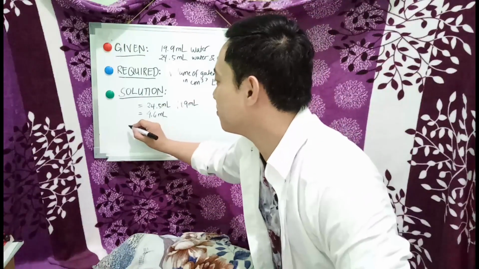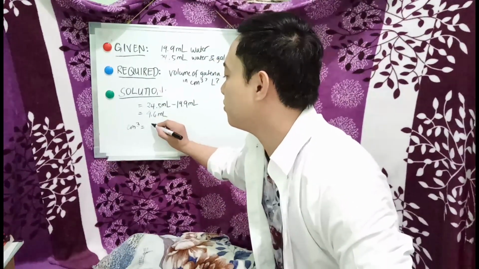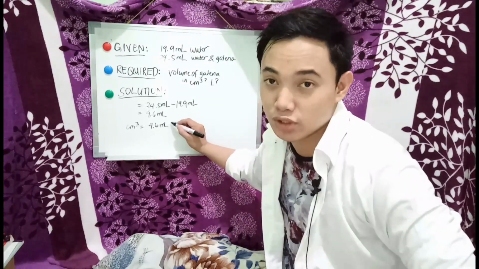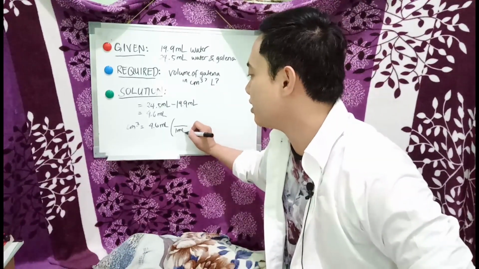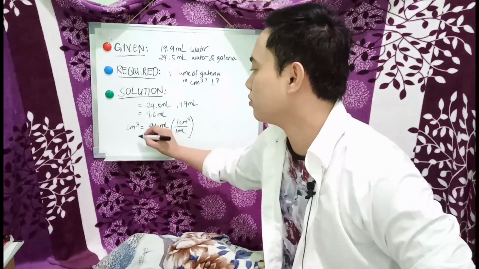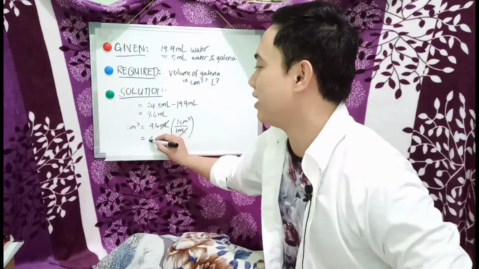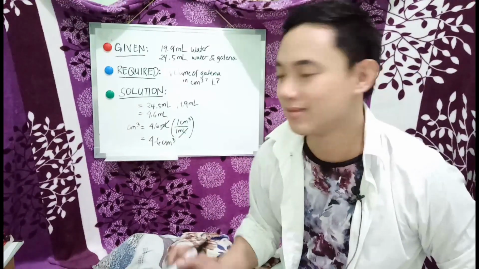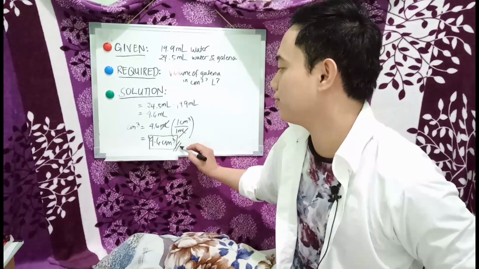So, 4.6 ml, tapos i-multiply mo siya sa conversion factor, which is 1 ml is equivalent to 1 centimeter cube. So, cancel mo lang yung unit. So, 4.6 centimeter cube. Yan ang sagot niya.